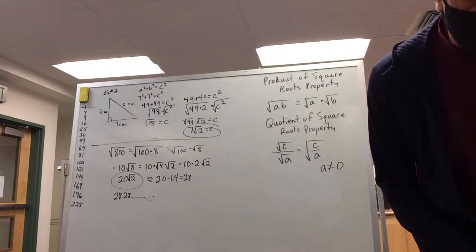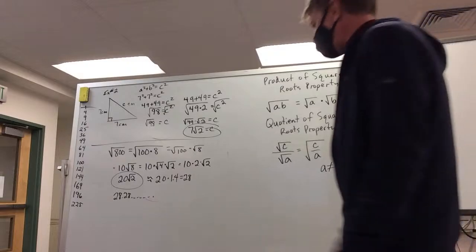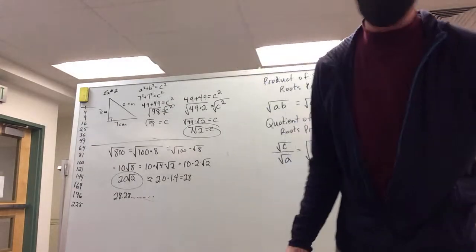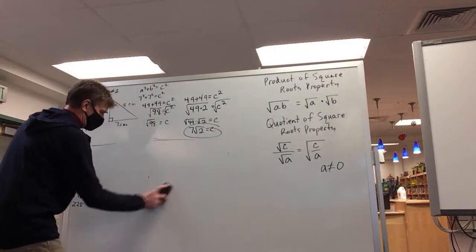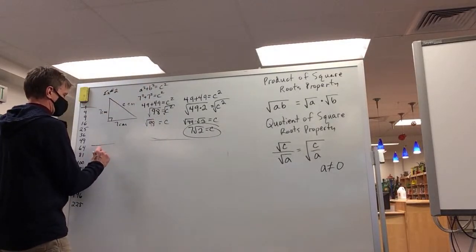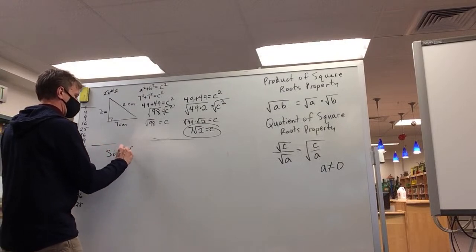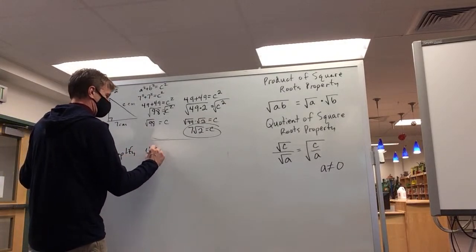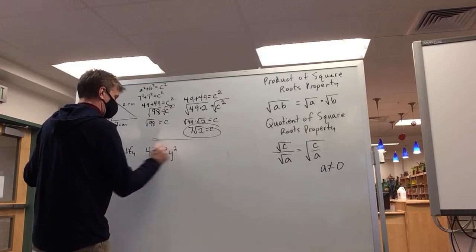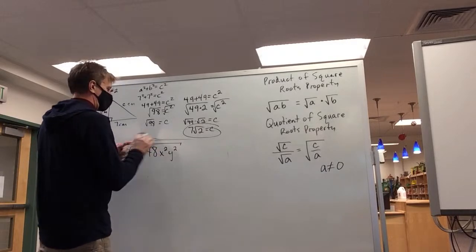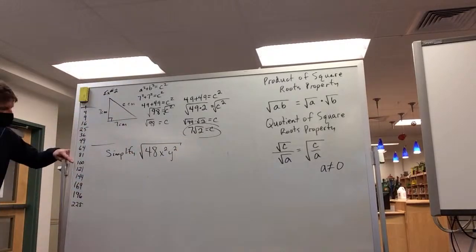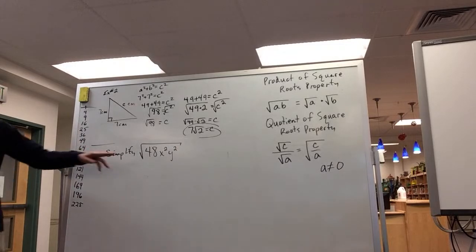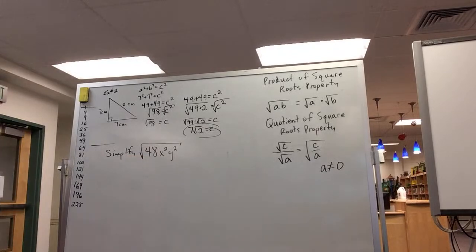Okay, next one, the square root of 48 x squared y squared. So now we're throwing variables into the mix. So we're going to simplify this. Now we're not just looking at this kind of thing, but we are also considering the variables.